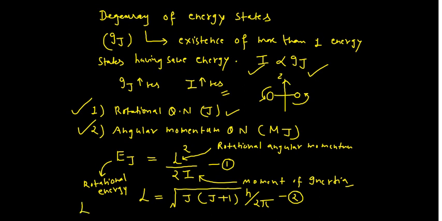Since it is a vector quantity, it has magnitude and also direction, and these two things are very important for us to understand the topic completely. So I can write this equation in this form: L equals the square root of j times j plus 1, and here I can write units.